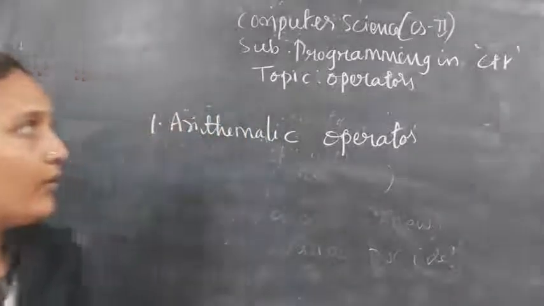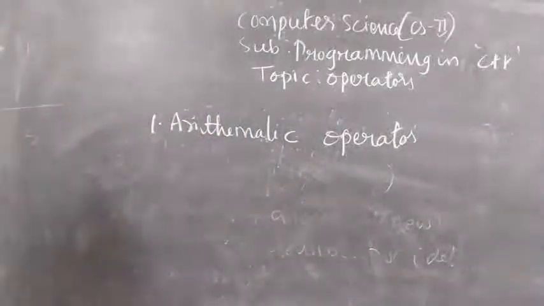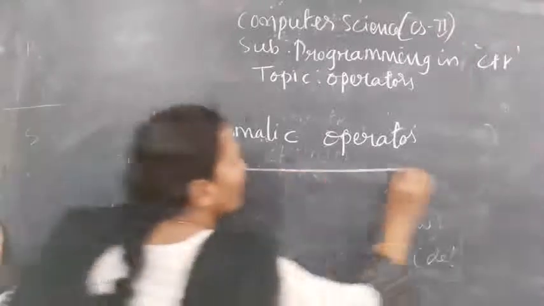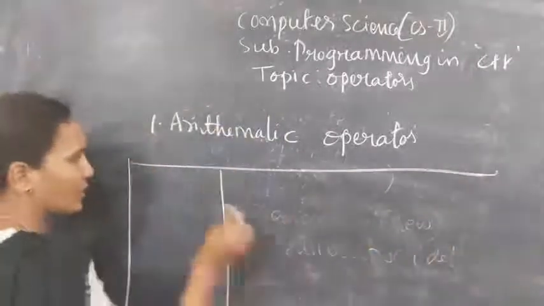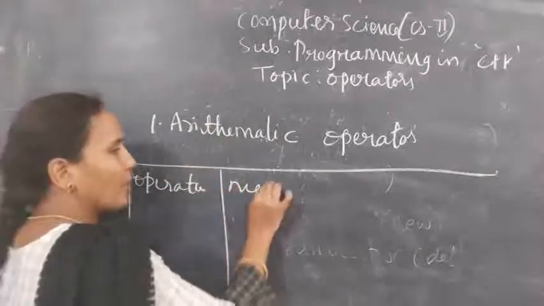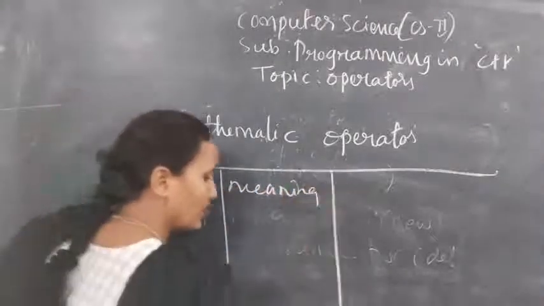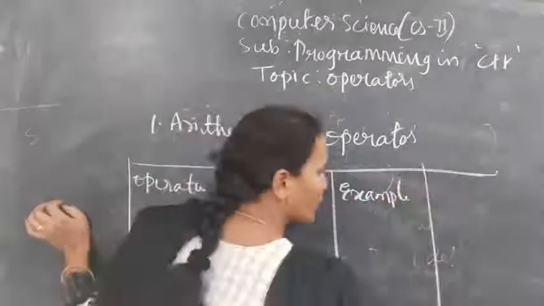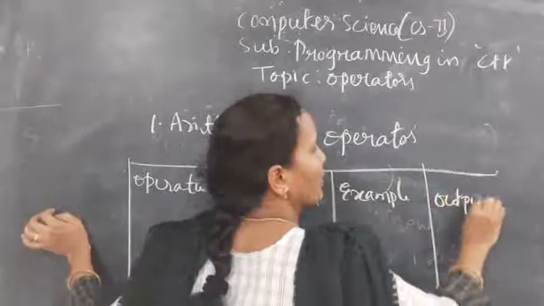Okay, now we'll write each and every operator. First, you create the table. In the exam also you do the same thing. First column is the operator, second is the meaning, third is the example, and the fourth is the output.